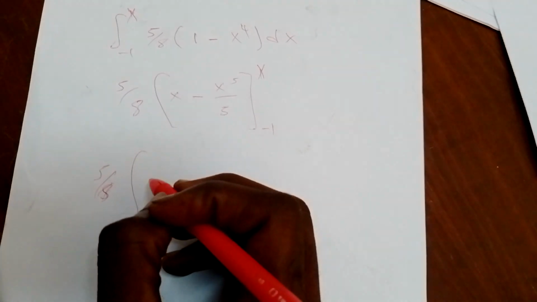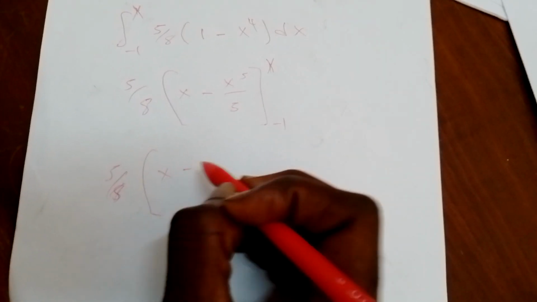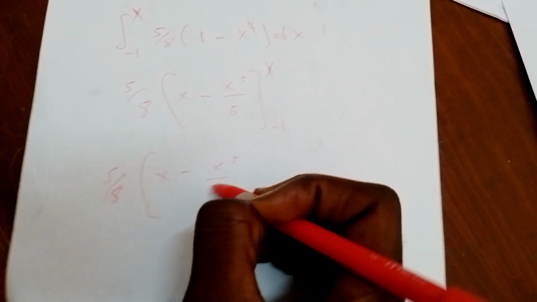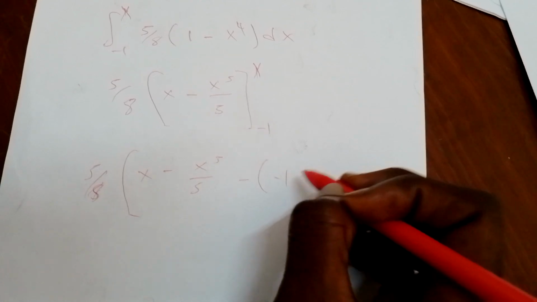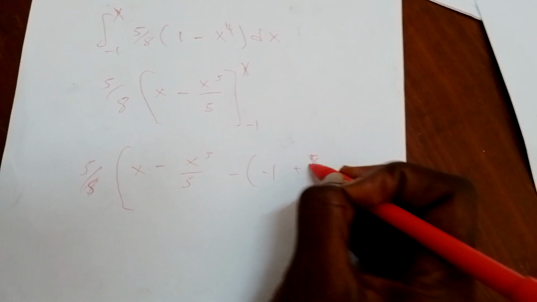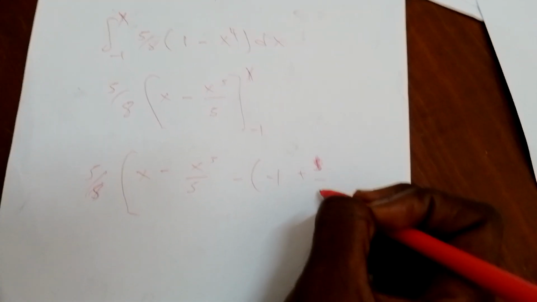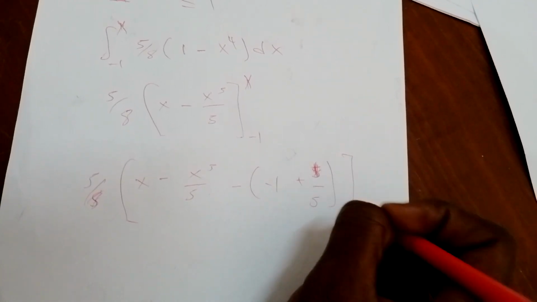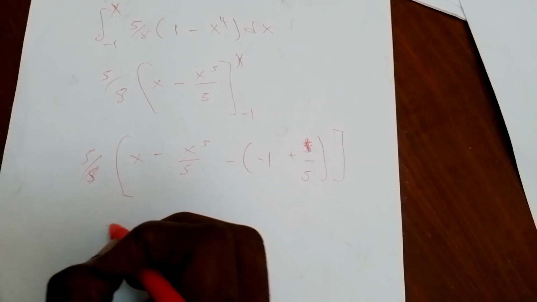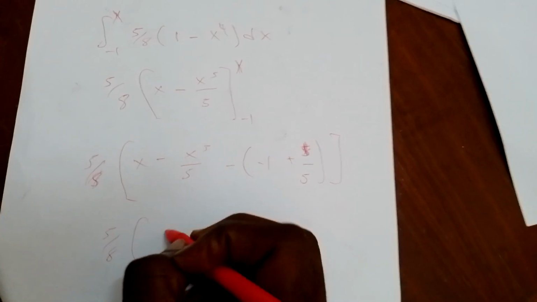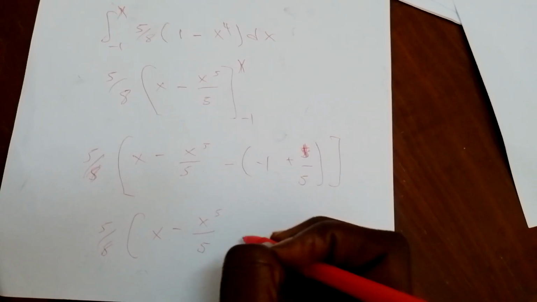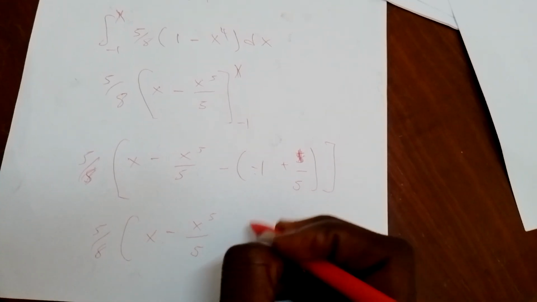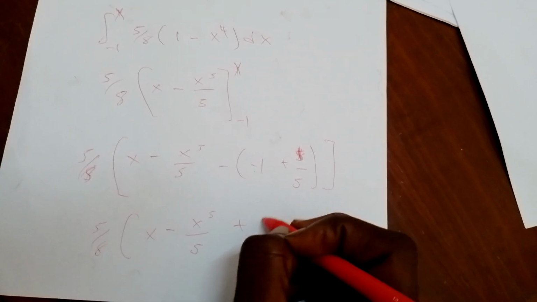So first of all, you have x minus x^5 on 5, all minus (minus 1 plus 1 on 5). So this will give us 5 on 8 multiplying x minus x^5 on 5 plus 4 on 5.